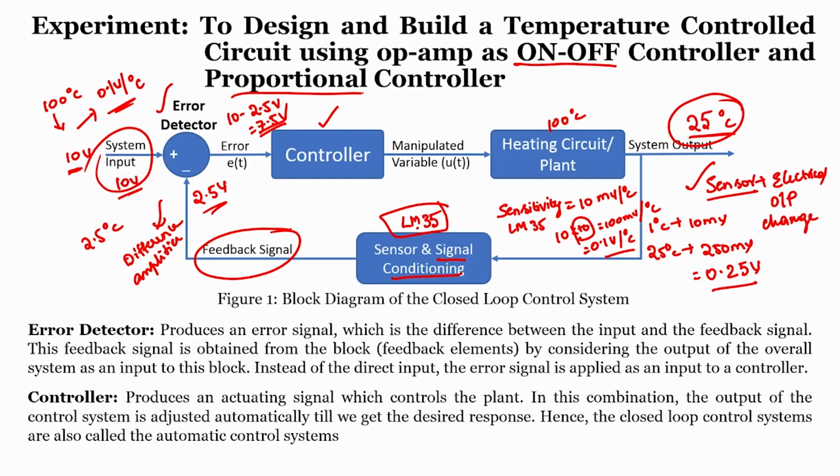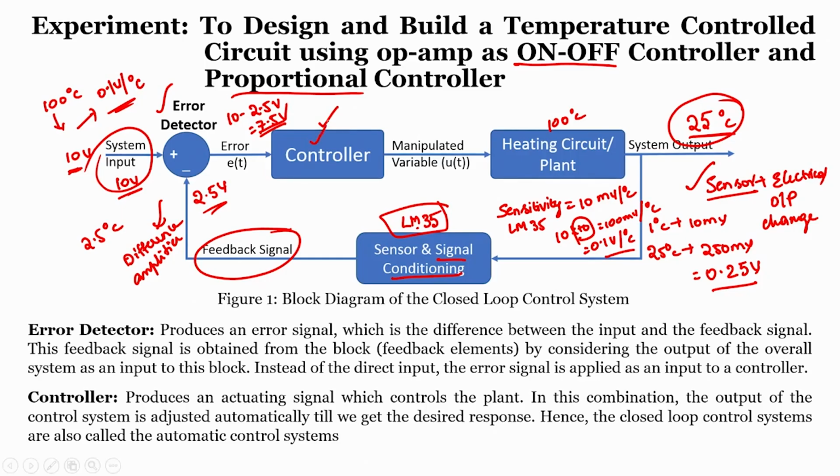Since we have already discussed in the theoretical session, as the professor discussed, the proportional controller and on-off controller, we will see how we implement the strategy of on-off logic and the proportional controller using this particular op amp, and we will try to implement it here.